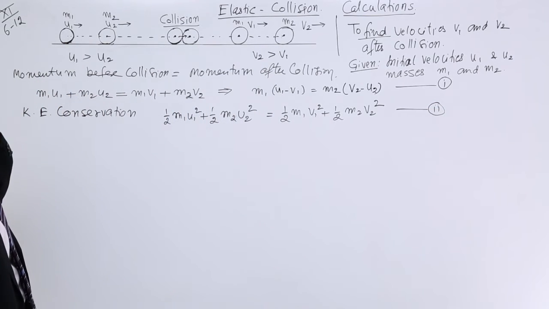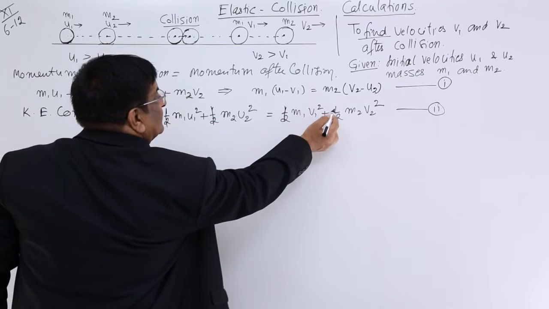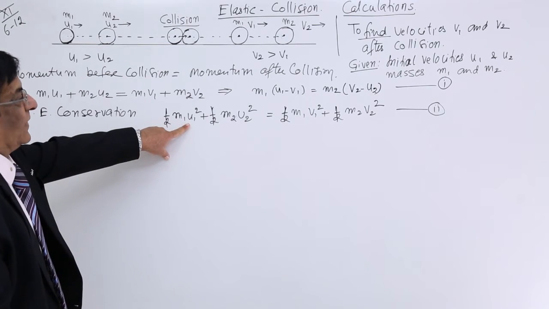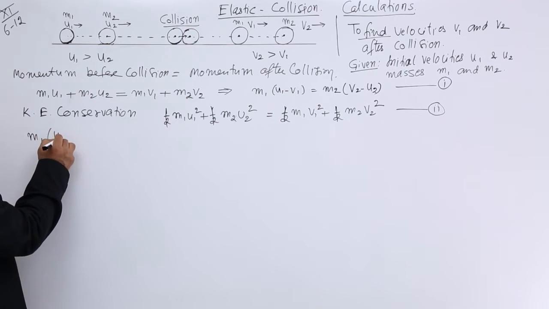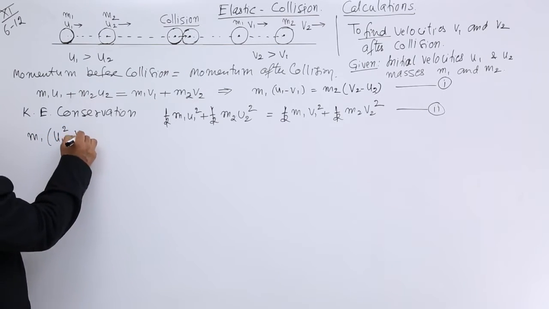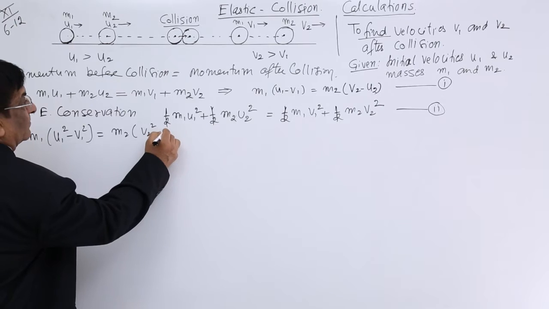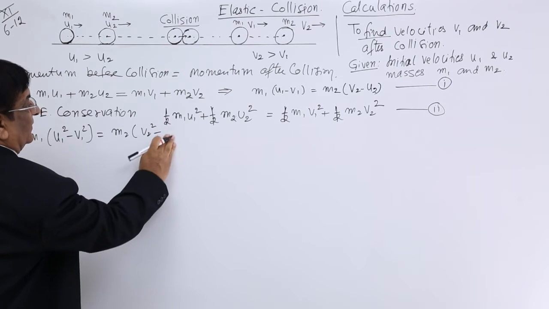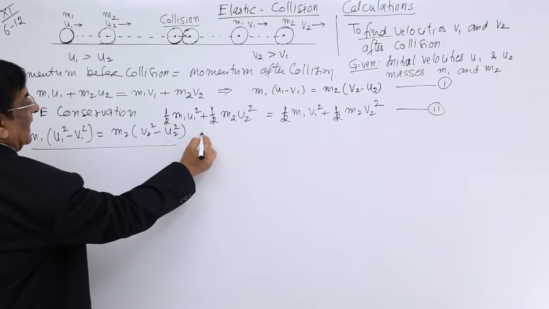Now, from this, we can again simplify. Number one, half is cancelled from both sides, it is common. Then take the quantity of m1 on one side, so this will be m1 (u1 square minus v1 square) is equal to m2 (v2 square minus u2 square).